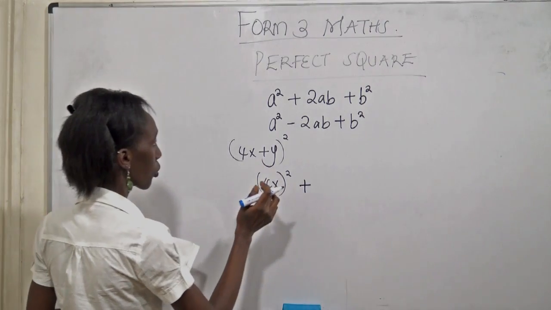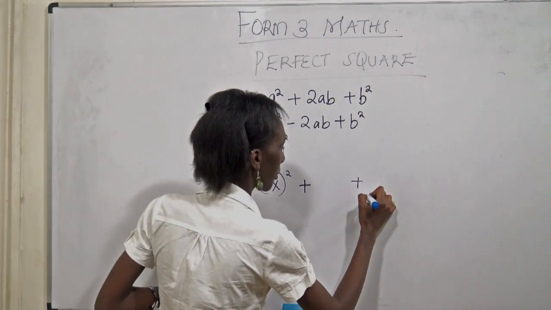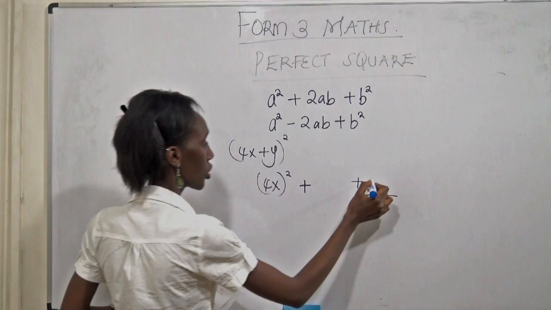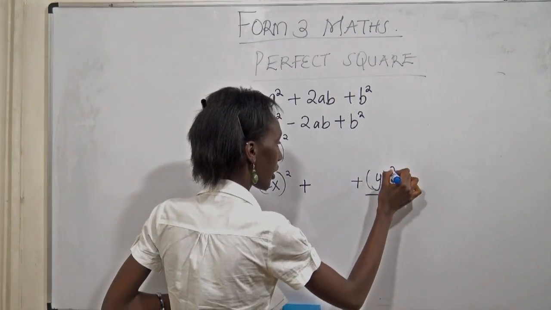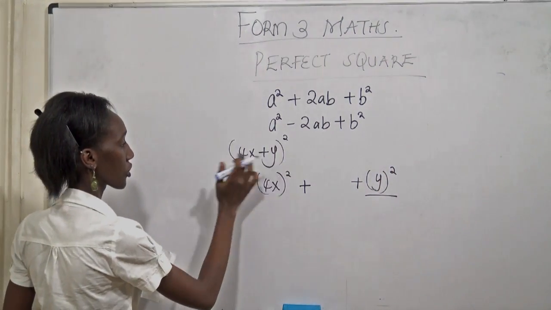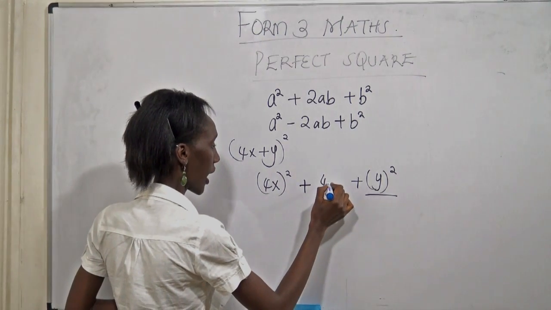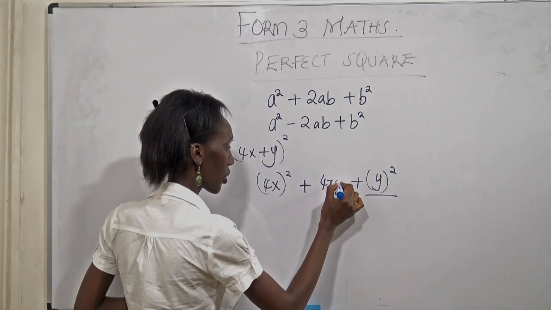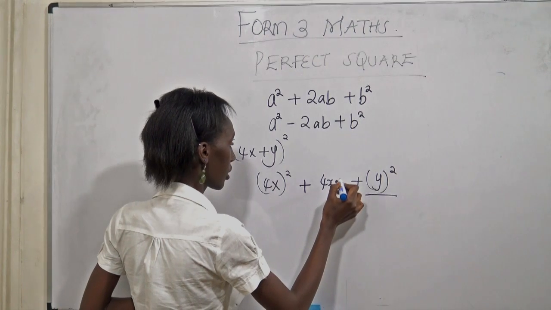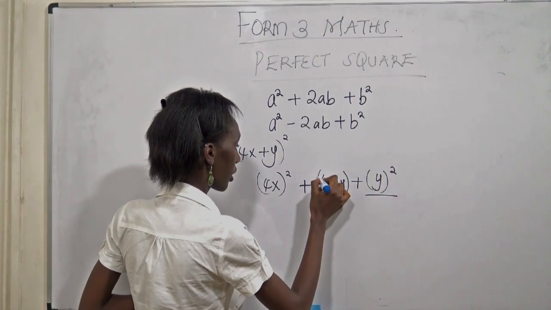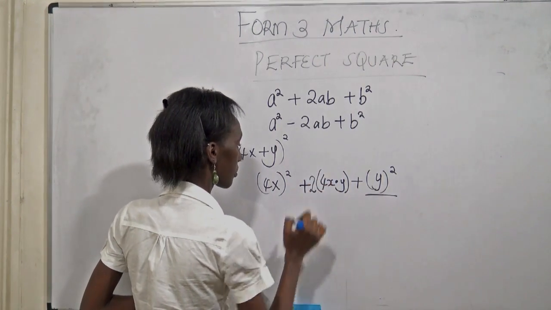Then plus, let us go to the last number. The last number we're also going to square. Then we do the product of both these numbers. So this is 4x, I'm using the dot to signify you are multiplying y, then you double it.